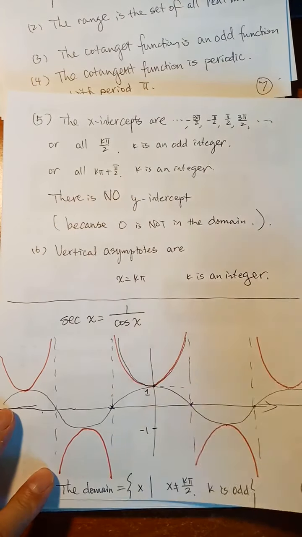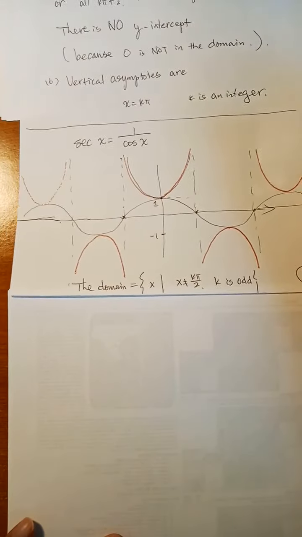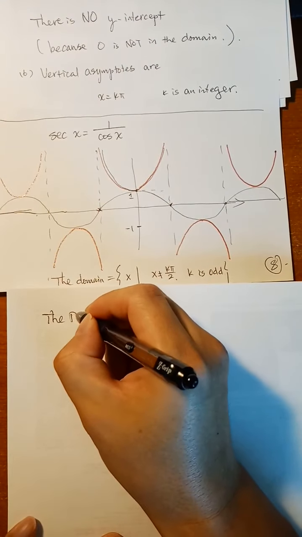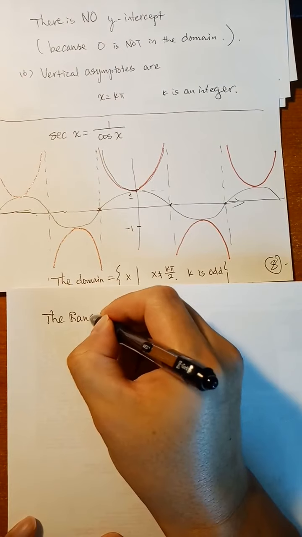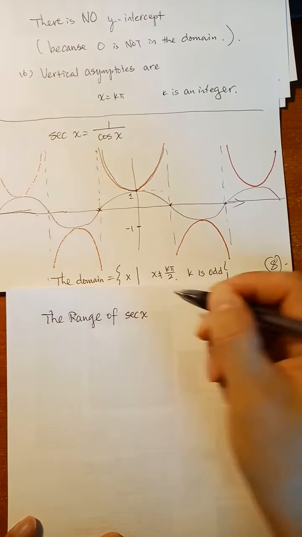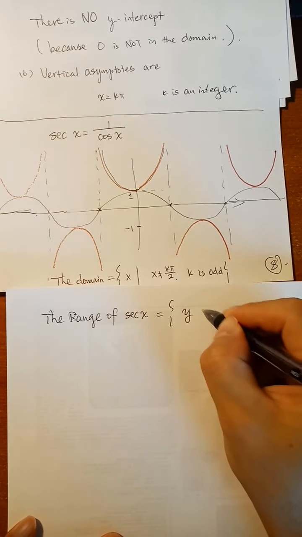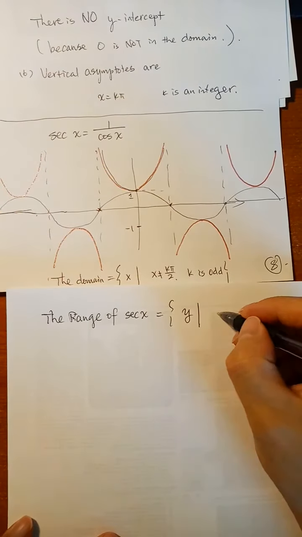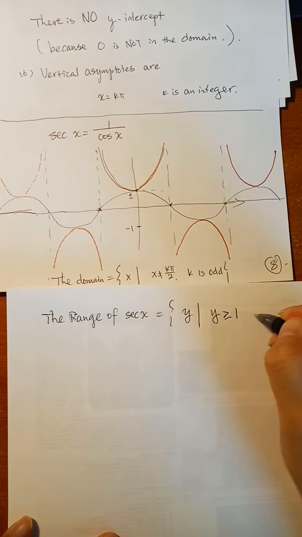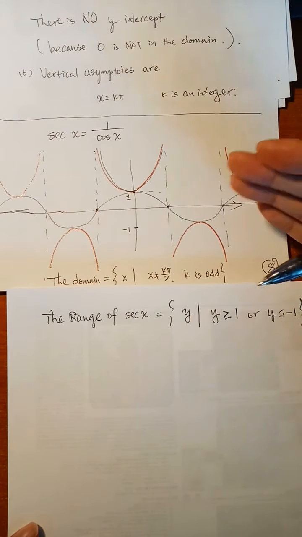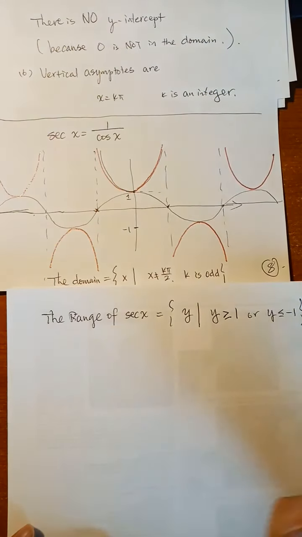So the range is y. Y is either greater than or equal to 1 or y is less than or equal to -1. So it's either above the 1 part or below the -1 part.